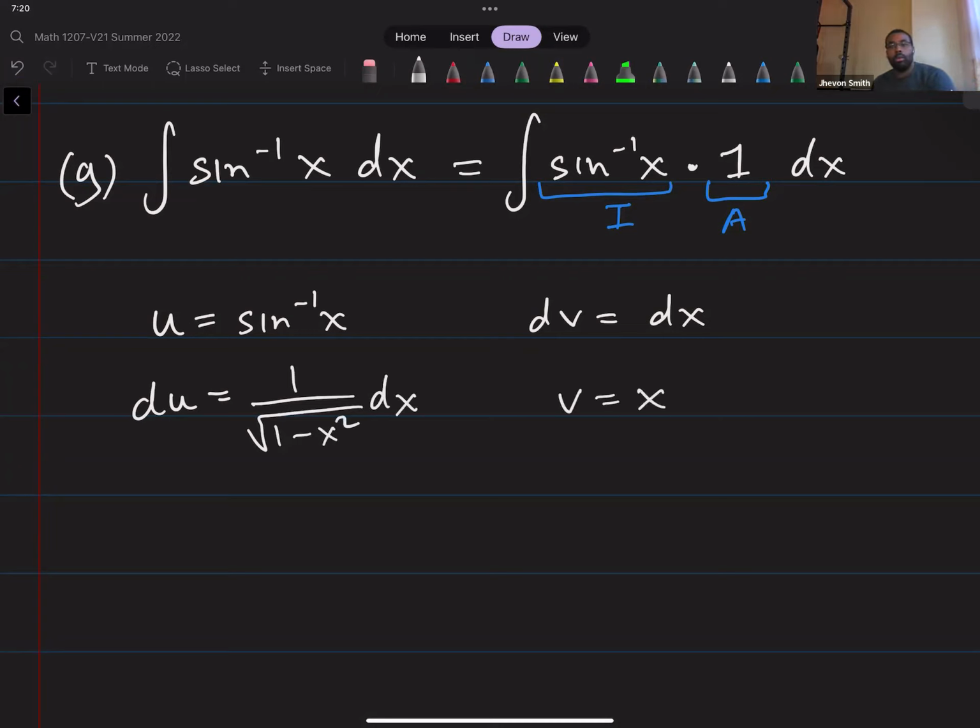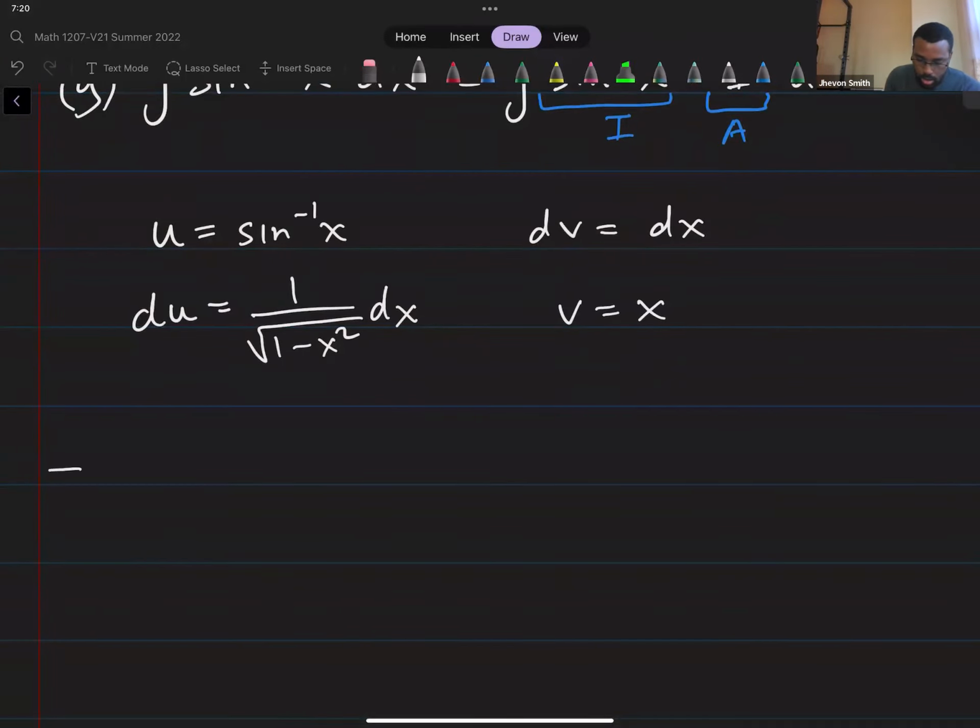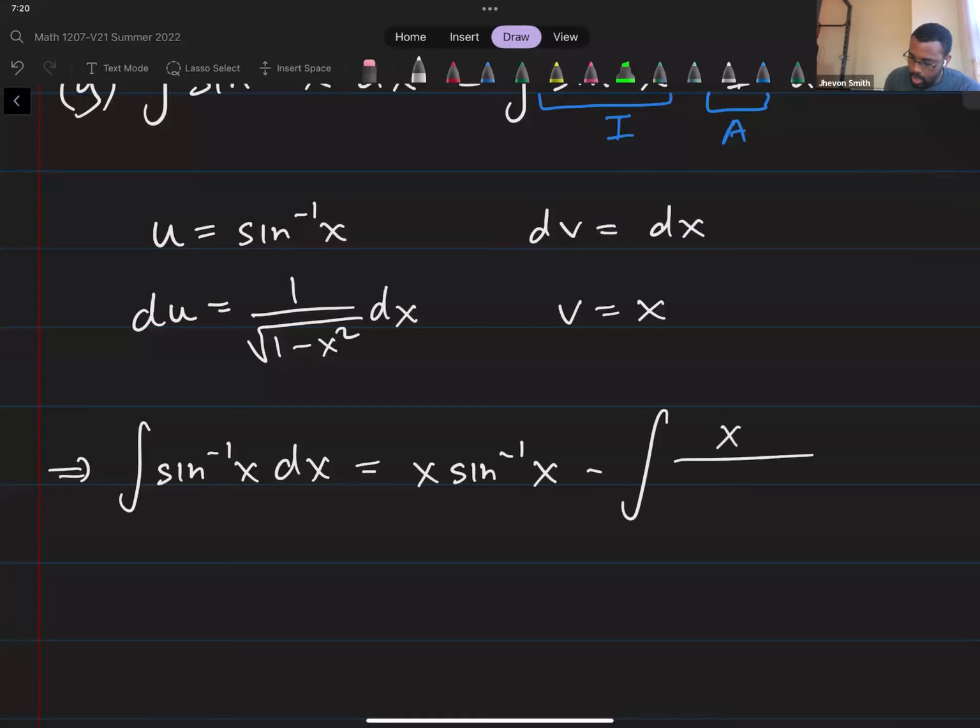So we have that. And this means u times v minus the integral of v du.